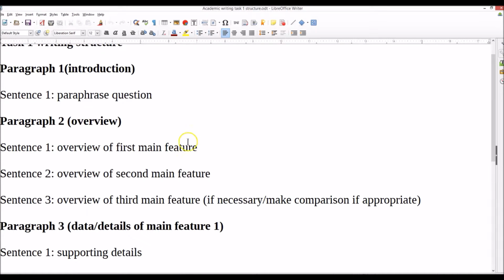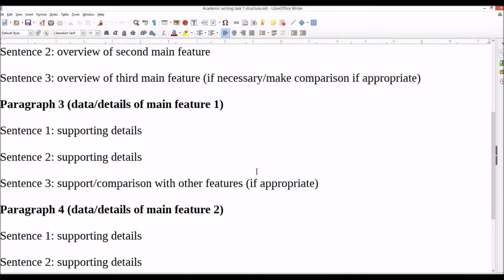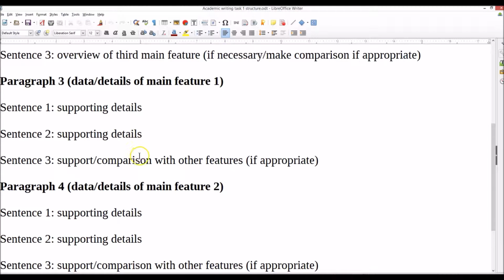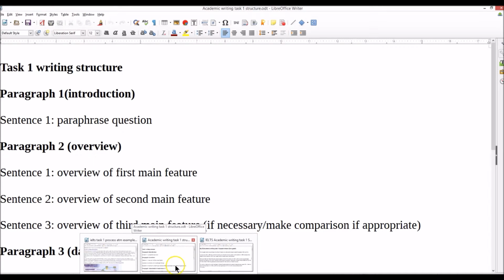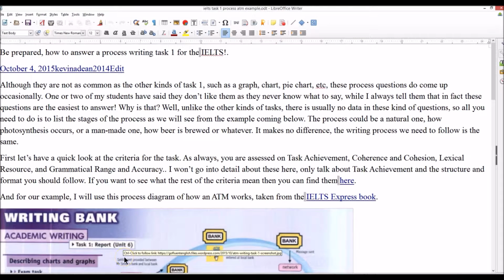All that you're basically doing is mentioning if it's a man-made process or a natural one, and listing the number of stages, and that's basically it. And then the supporting details. So in the case of a process, you just list the number of stages and the vocab.